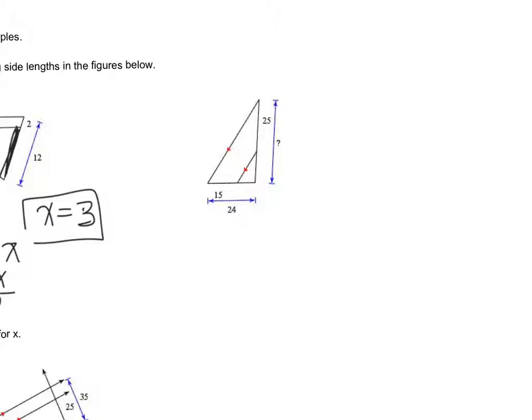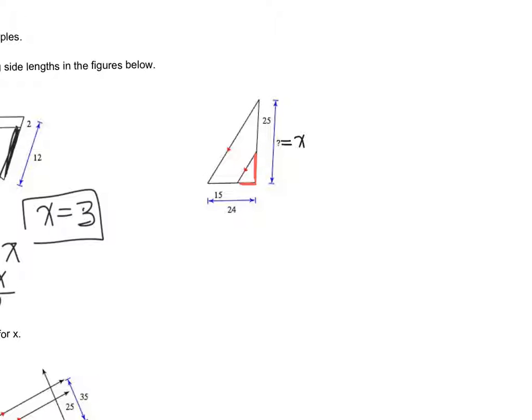In our second example, we want to find the length of the entire side here. But we're going to use our theorem to find the shorter sides so that we can find that length.